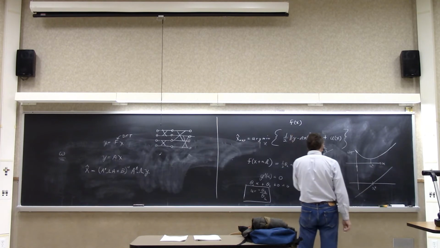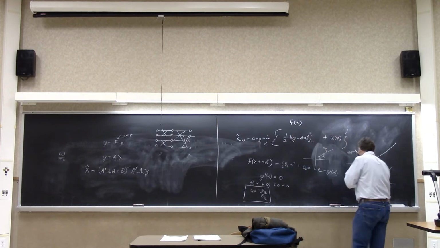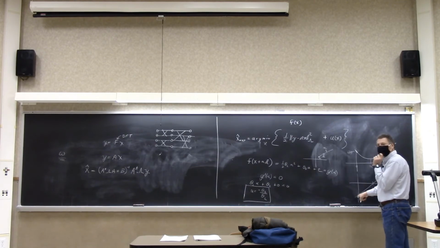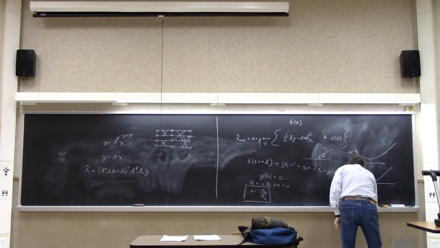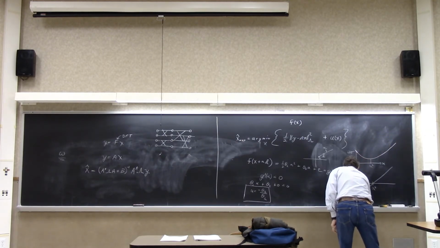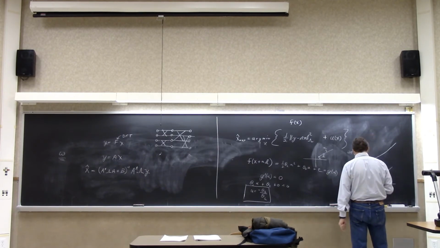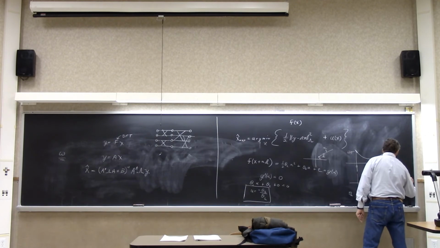Okay, so you're at this point here, okay? And the second derivative is the curvature, okay? So the second derivative is the slope of this thing. Here the slope is positive, okay? And the value, this is theta 1, which is negative, by the way, right? And the slope is equal to theta 2, okay?